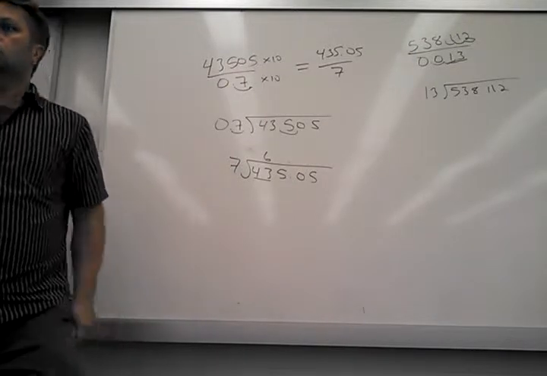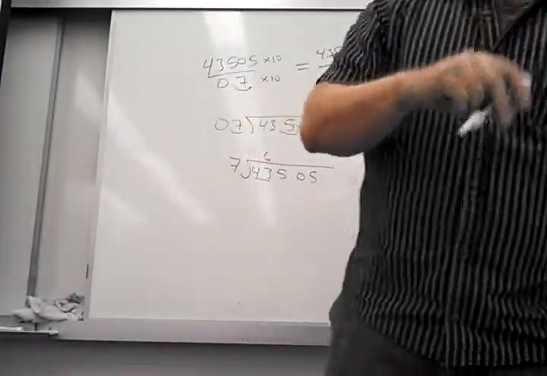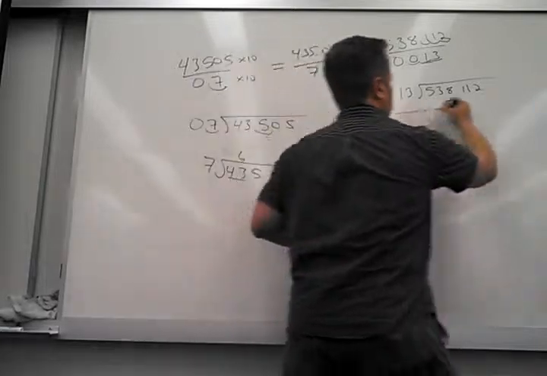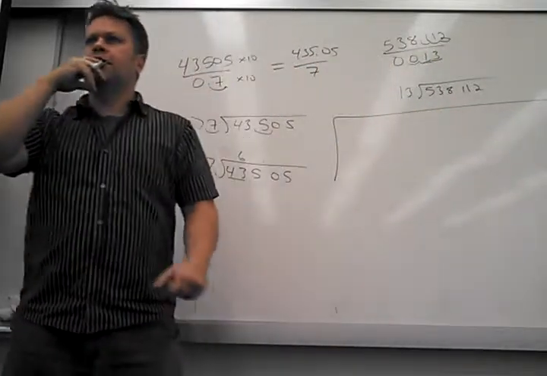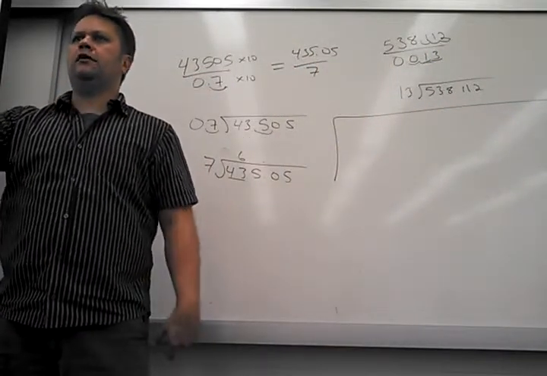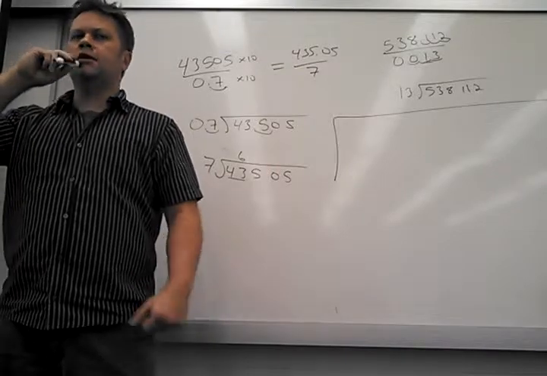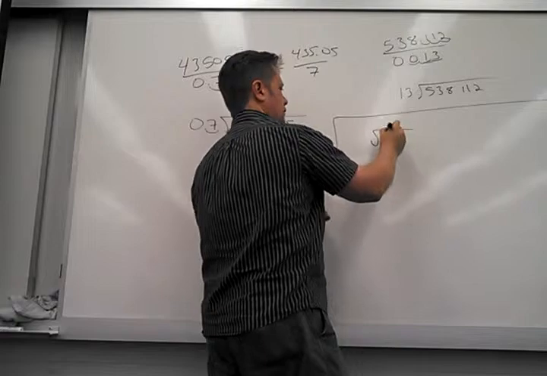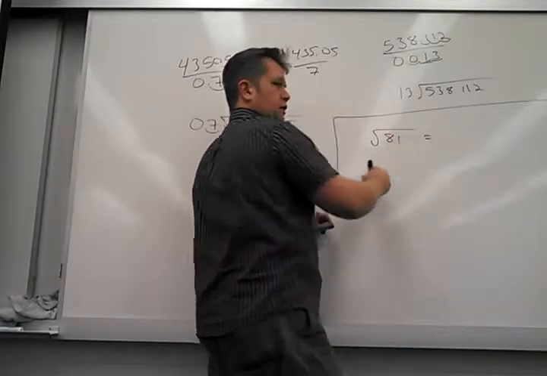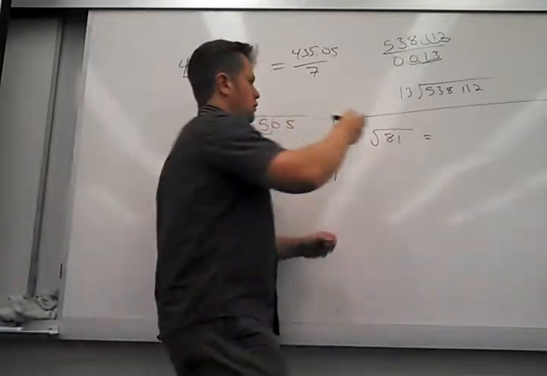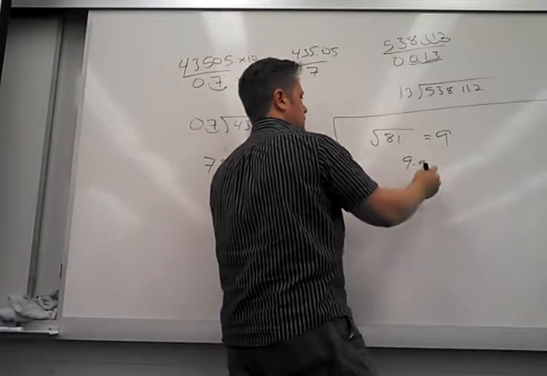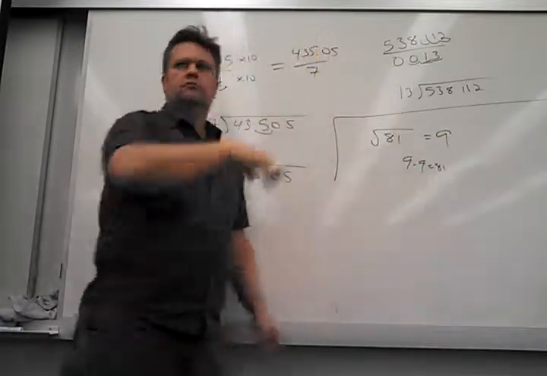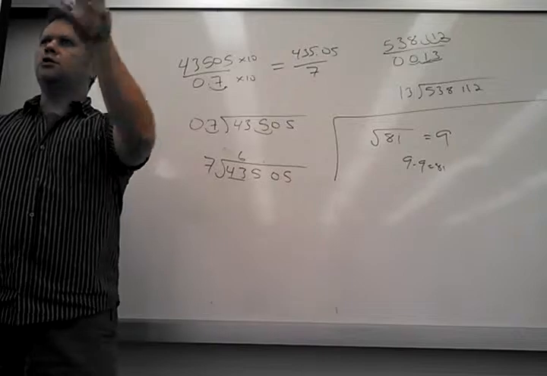On the square roots, do you just want us to answer it? Yeah, because square roots are one of the things I'm going to have on the part with no calculator, so I'm okay if you just give me the number. Otherwise, there's not much to show me, right? Square root of 81, what would that be? 9. You could say because 9 times 9 is 81, but you guys should be able to look at it and just know it's 9.